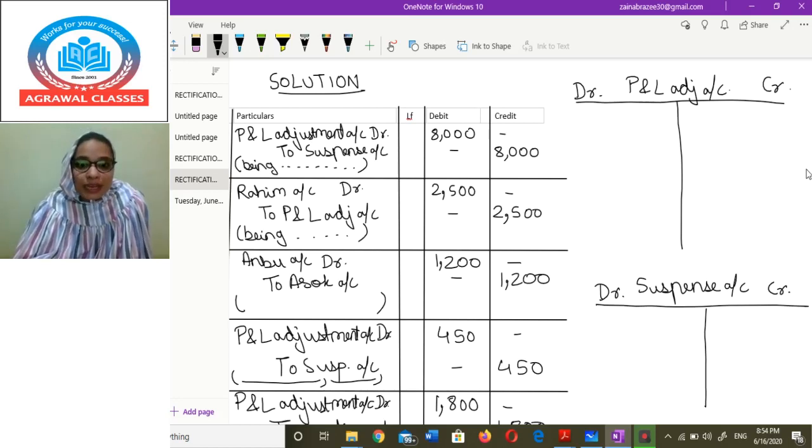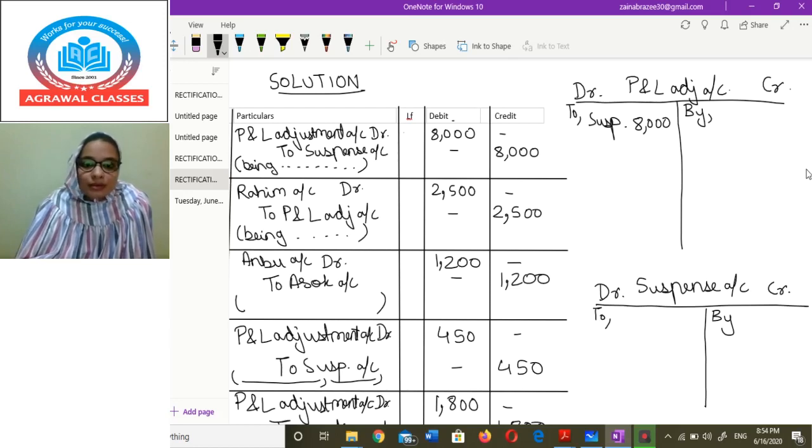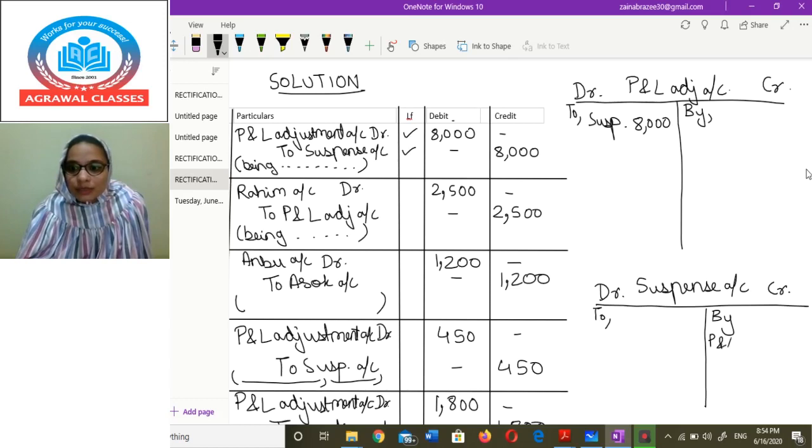Let us do it. So the P&L adjustment account was debited by 2: by P&L adjustment debit to suspense 8000. This I've done. Suspense account credit by P&L adjustment 8000.